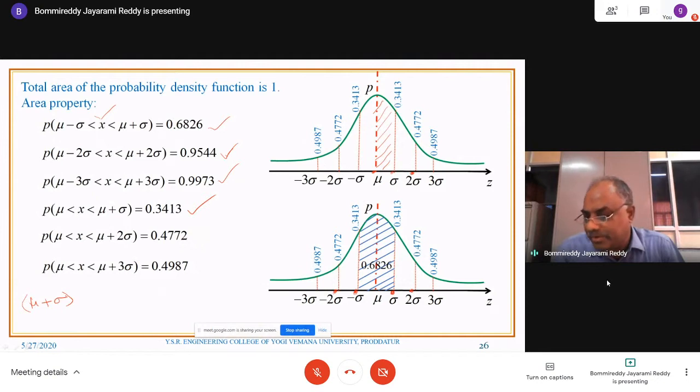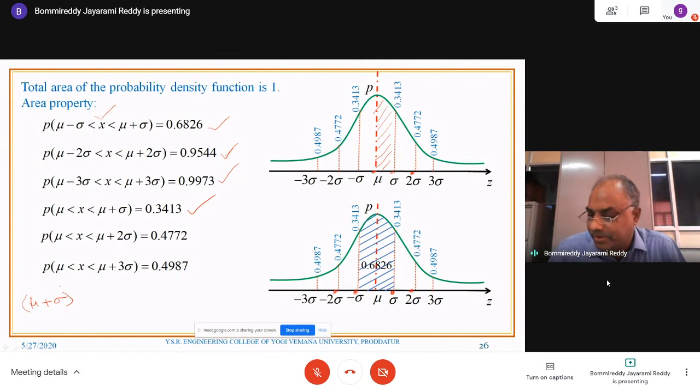What is the probability that the strength is less than or equal to mu plus delta? Less than or equal to mu plus delta means the entire area on the left will come under this.